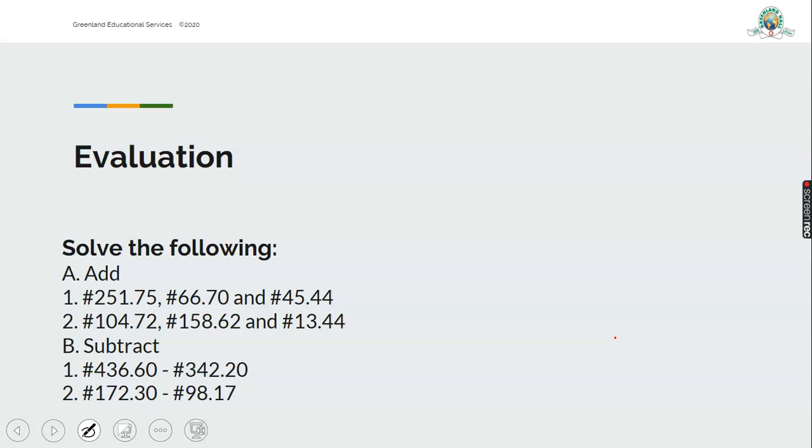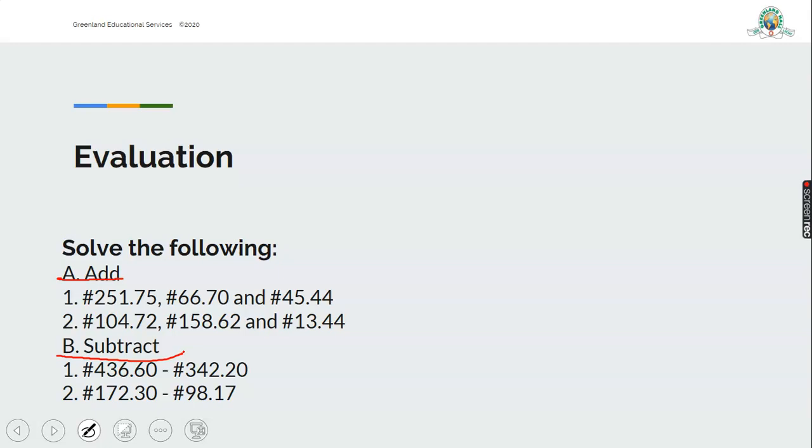So you're going to do these exercises to test your knowledge on addition of money. Look at what we have here. The first part, you are to add. Then the second part, you are to subtract. Look at the first part. You are to add number 1, 251 naira 75 kobo with 66 naira 70 kobo and 45 naira 44 kobo.